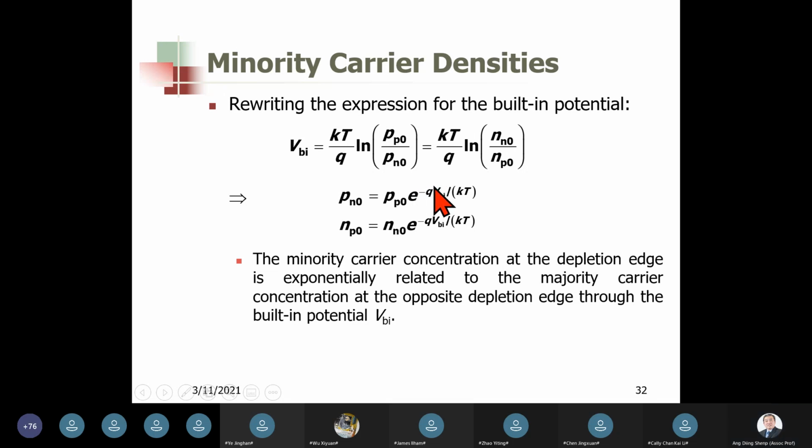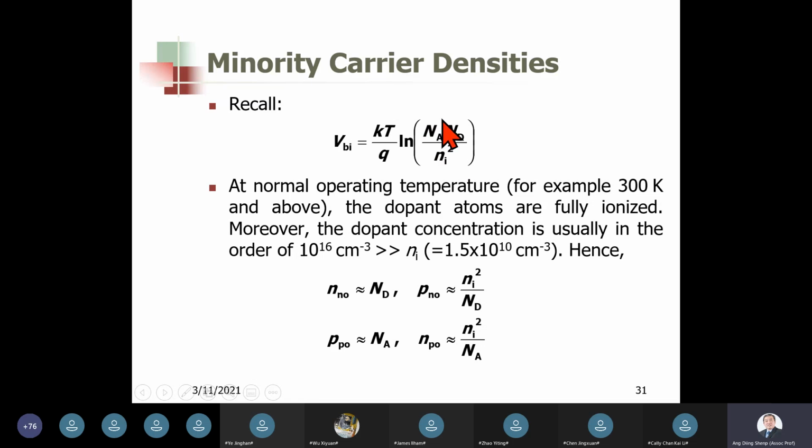And the minority carrier concentration. So I can express VBI as kT over q natural log Pp0 over Pn0. So how do I get this? Remember NA can be replaced with Pp0, and ni squared over ND, so the ND can be brought below.